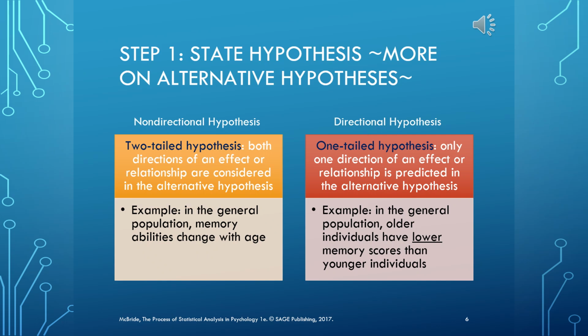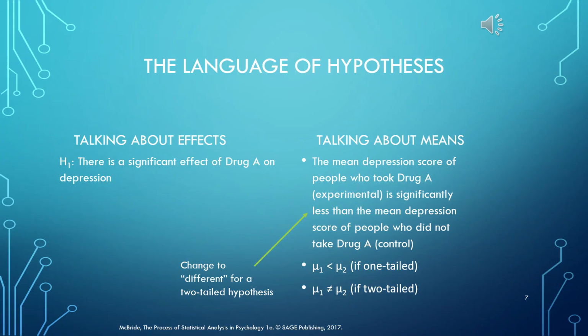It'd be the same thing for another example. If you think drug A will change a group's depression scores compared to the control group, that's two-tailed, that's non-directional. But if you think it will decrease depression scores in your experimental group, that's one-tailed because it is directional.